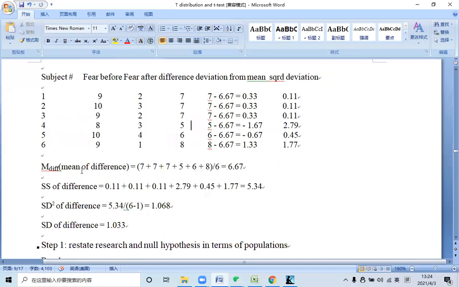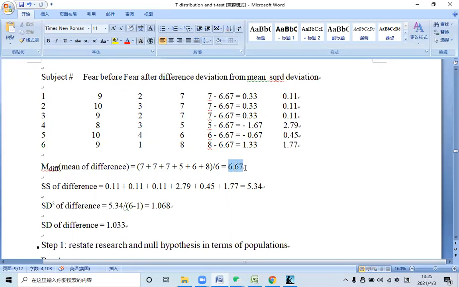And you show the average difference. On average, how much people improve from before the therapy to after the therapy. The average improvement is 6.67. That's pretty large. 6.67 is the average improvement.